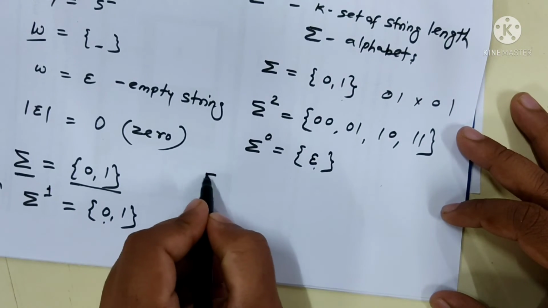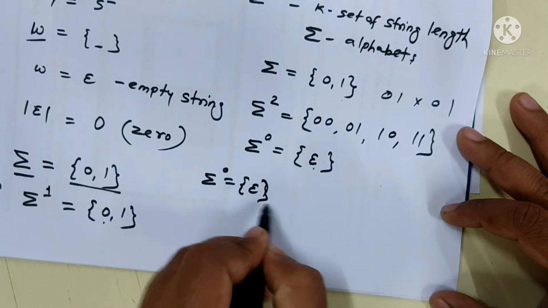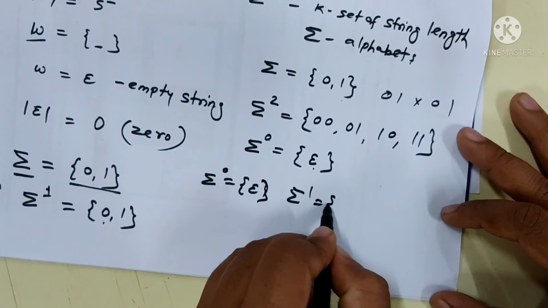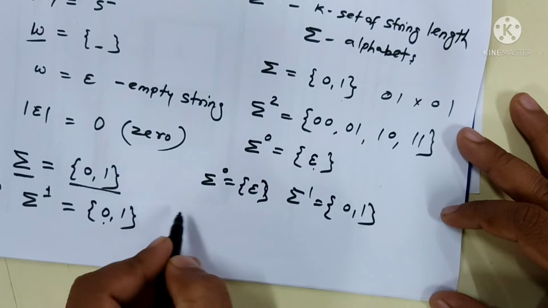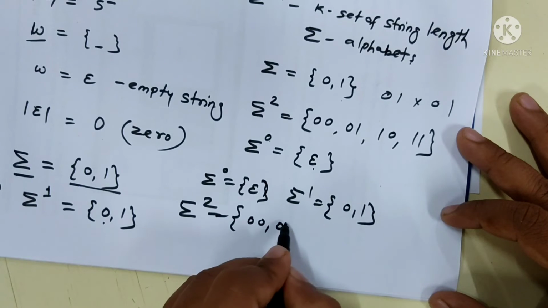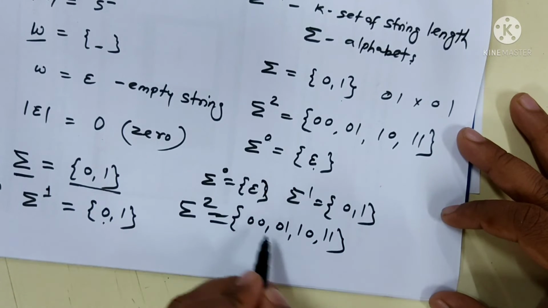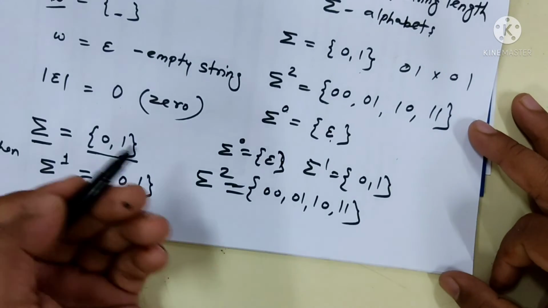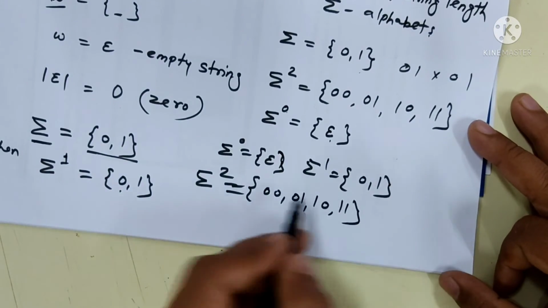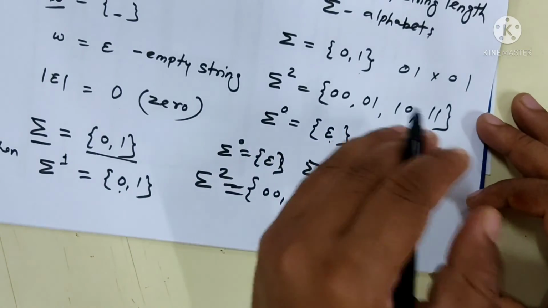Here is an example: sigma^0 equals epsilon, sigma^1 equals {0, 1}, sigma^2 equals {00, 01, 10, 11}. Like that, we create sigma raised to 3, meaning 000 up to 111. Like that we create the combinations.